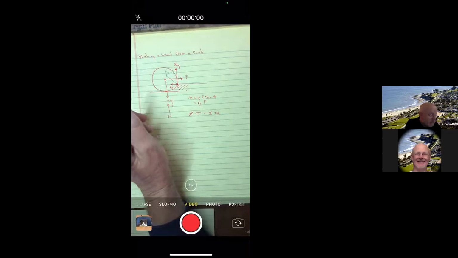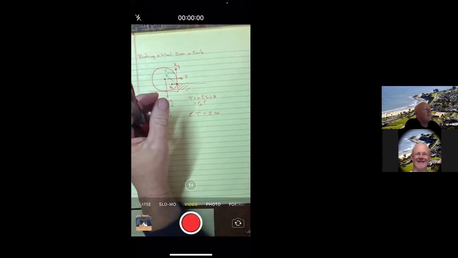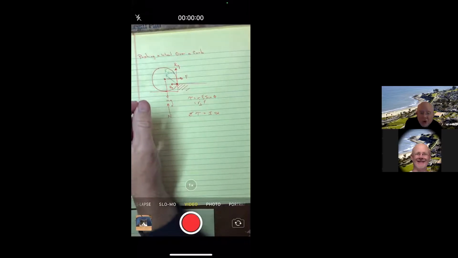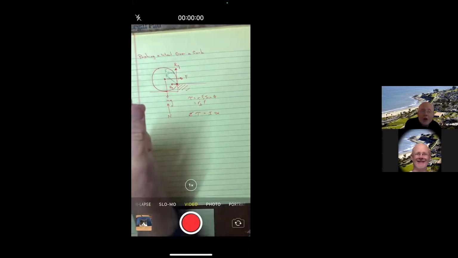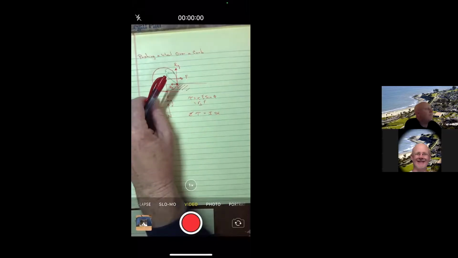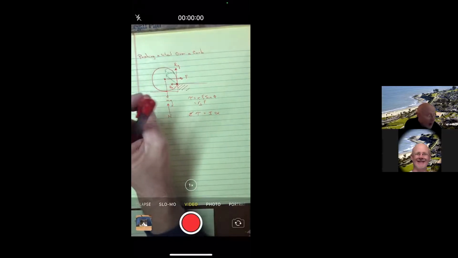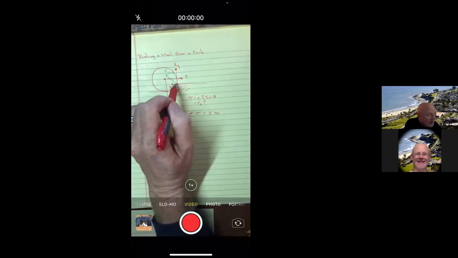That's the beauty of it. So that's what I want to emphasize: a wise choice of where you calculate the torque. In this case, the wise choice, I think, is right here at the curb.